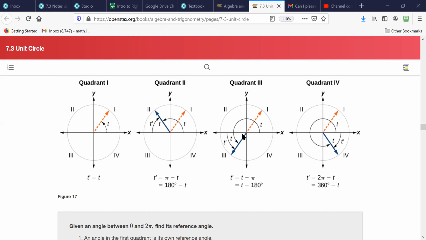Now for the angle in the third quadrant, you take your angle and subtract pi, or 180, from it. And then for the fourth quadrant, you do 2 pi, or 360, minus the angle t. So this is how you find reference angles.